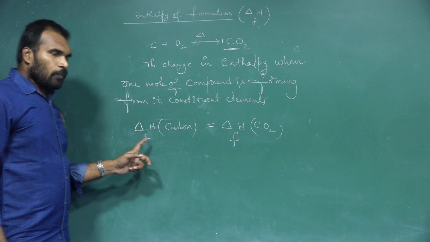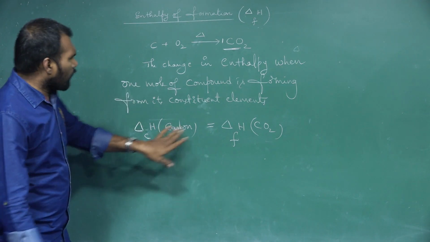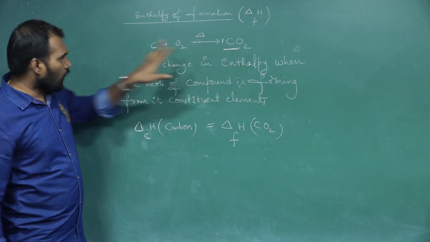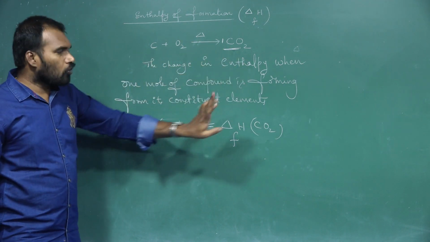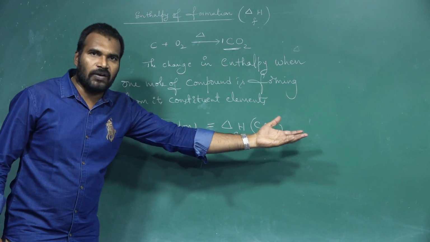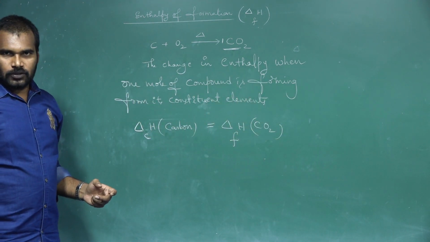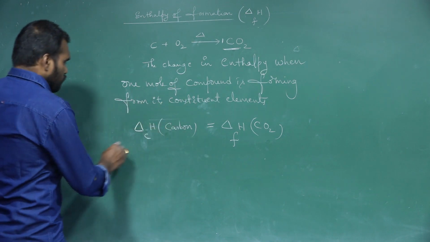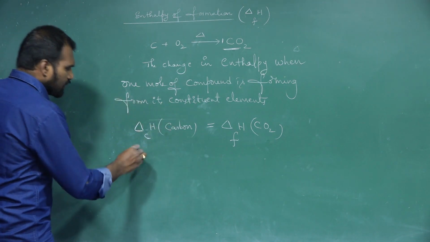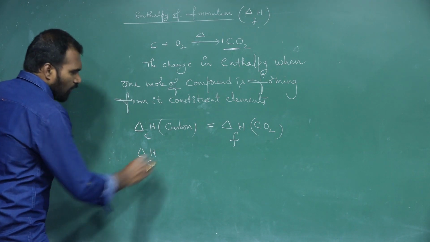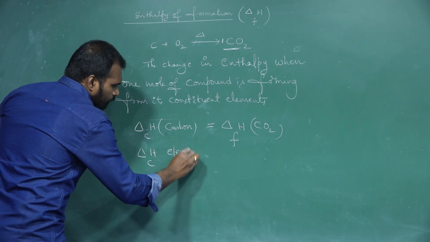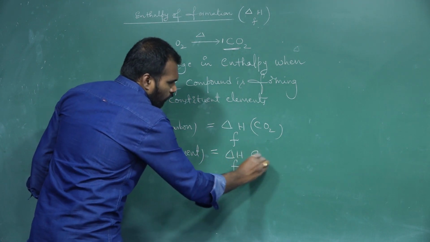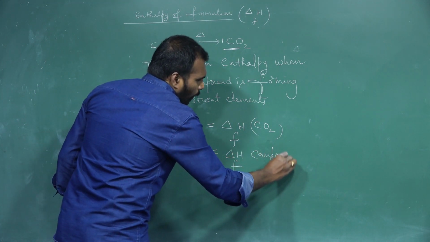Not only carbon or carbon dioxide; suppose you take hydrogen and H2O. Enthalpy of combustion of hydrogen is equal to enthalpy of formation of its compound, H2O. So we can generalize: enthalpy of combustion of any element is always equal to enthalpy of formation of its corresponding compound.